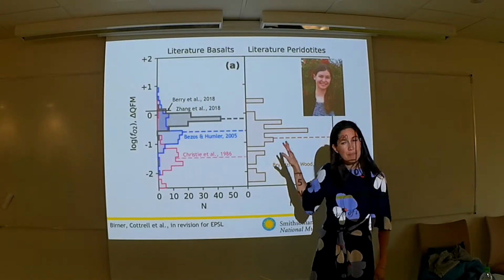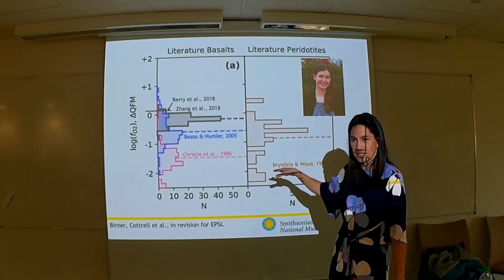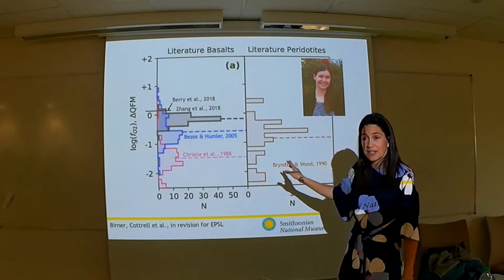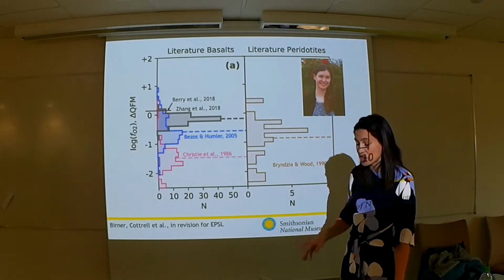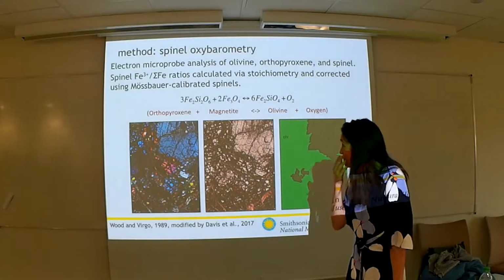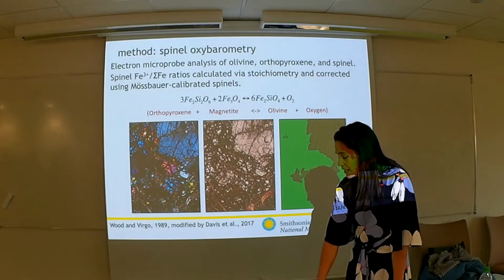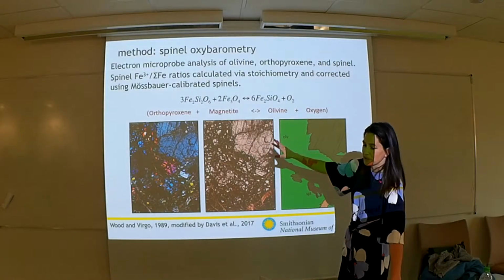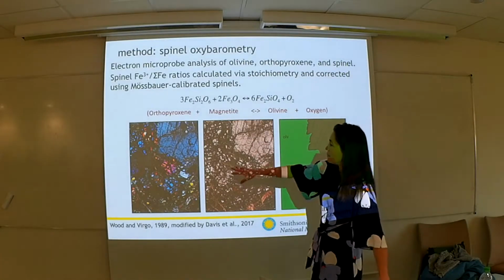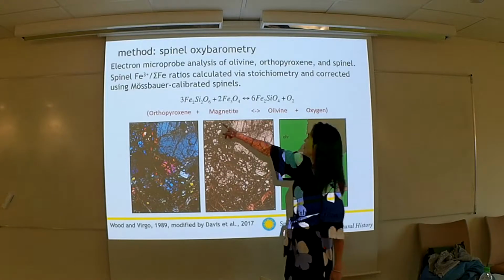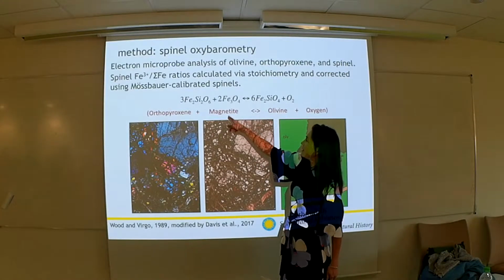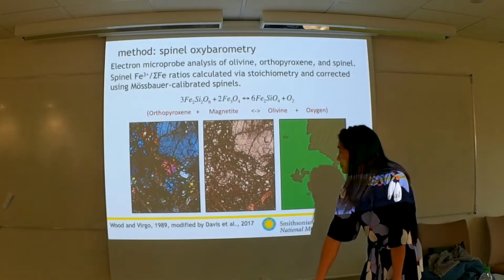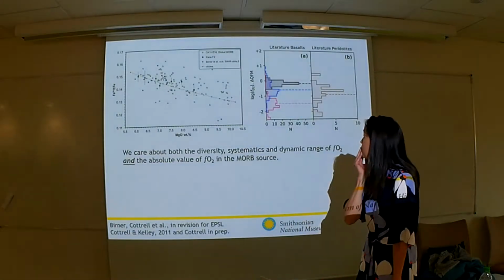So we're going back to look at these abyssal peridotites, of which there have only been 35 for the globe ever published, and no one has looked at this in 35 years. We just talked about the relationship between looking at the peridotites now. We have these phases in equilibrium, and we can calculate the oxygen fugacity from that.